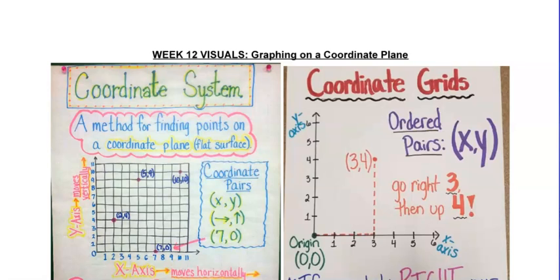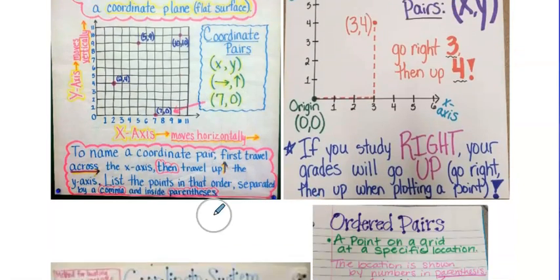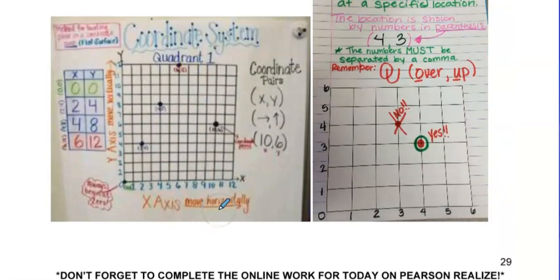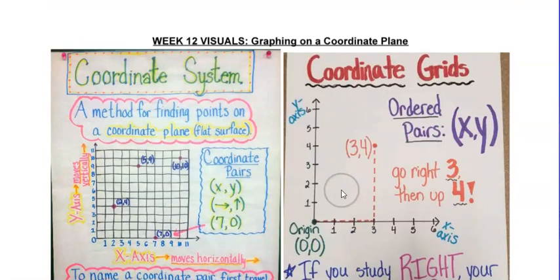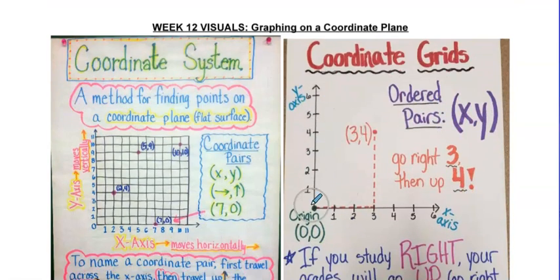You're going to be looking at graphing on a coordinate plane this week. So you'll notice on page 29, there are a couple different visuals that you can look at that will just help remind you how to use a coordinate grid, as well as what the origin is, how to plot points on a coordinate grid.